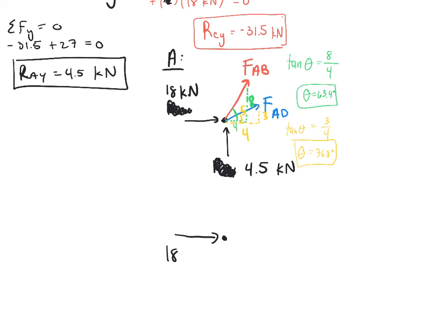So that's 18. That's 4.5. I'm going to put a little dashed line as a reference line only. This angle here is 36.8 degrees. And then the next angle is this big guy here.